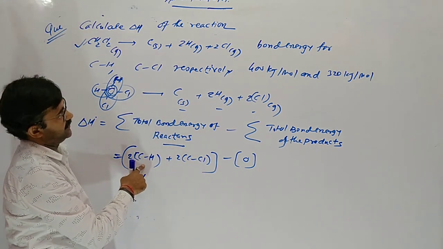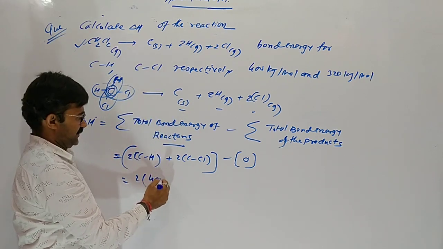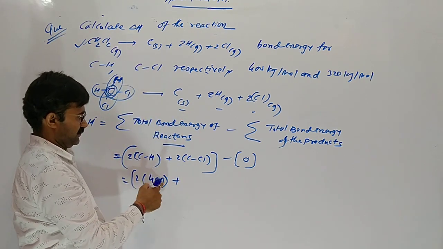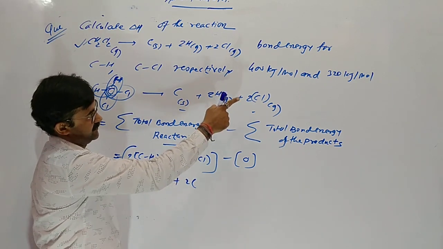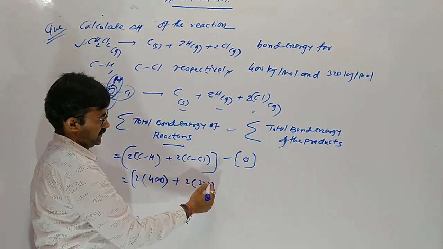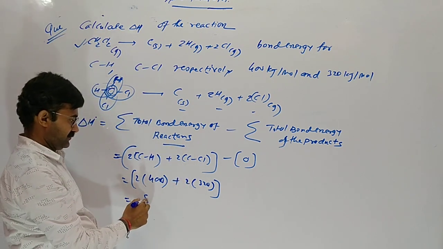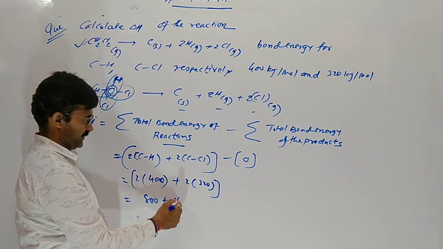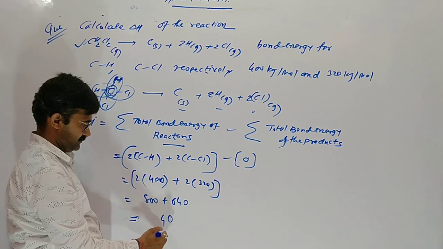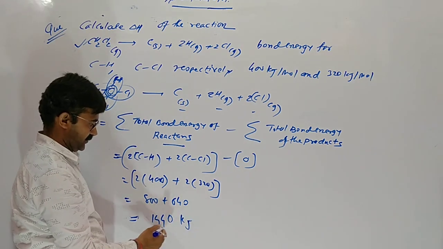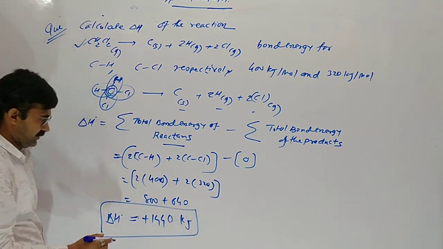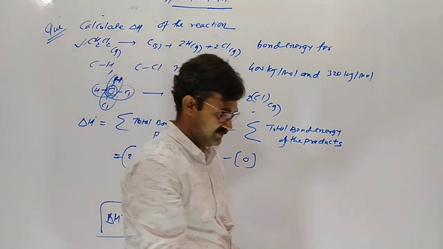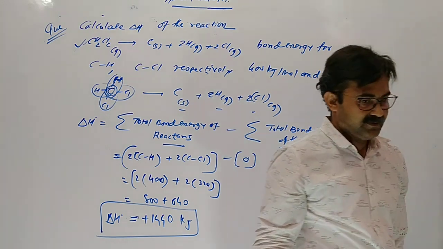Here CH enthalpy 400 for 1 mole. So for 2 mole double. Here 2 mole bond: 800 plus 640. So 1440 kilojoule is our enthalpy of the reaction. Understood?